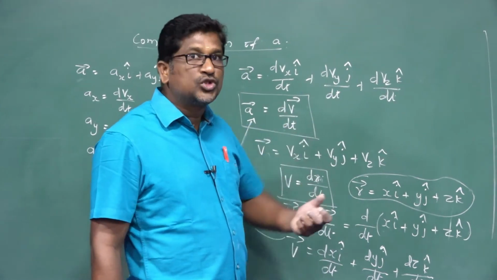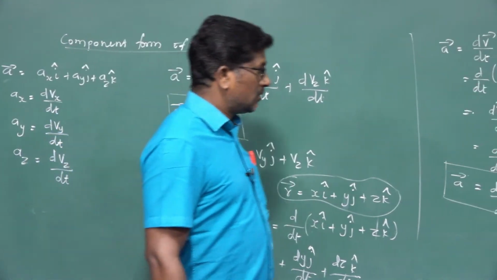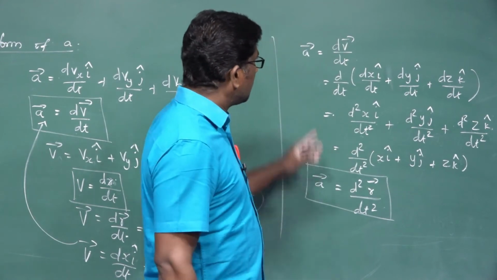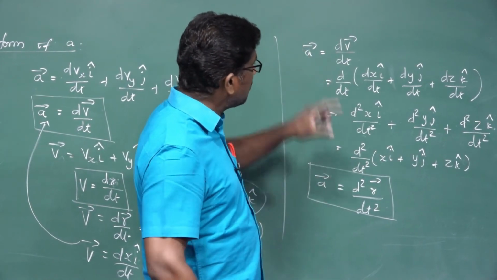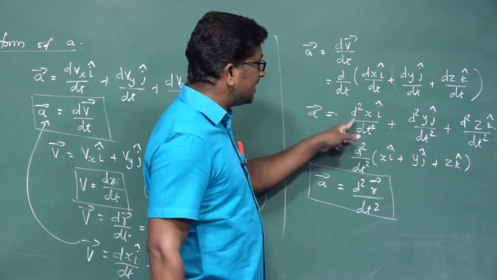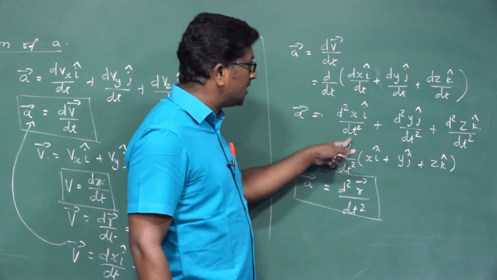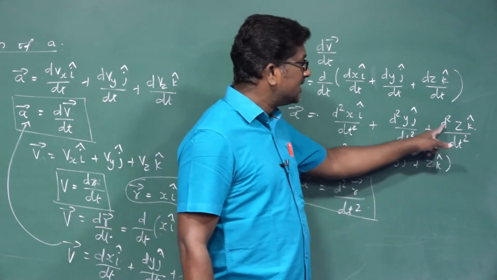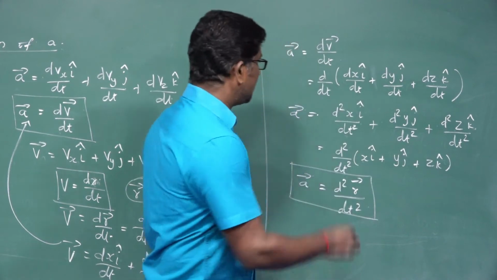In the case of the position vector of the particle, the acceleration in component form can be written as a vector equal to d square x i cap divided by dt square plus d square y j cap divided by dt square plus d square z k cap divided by dt square.